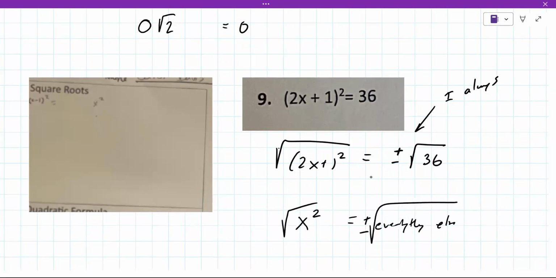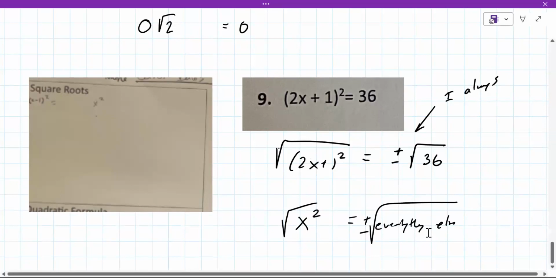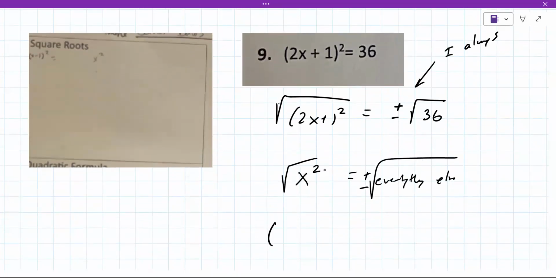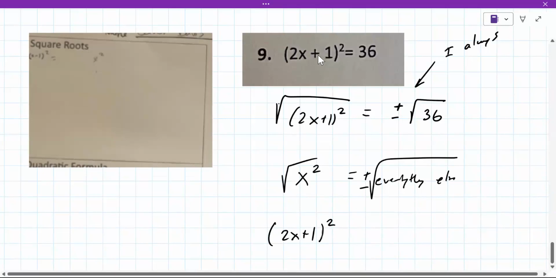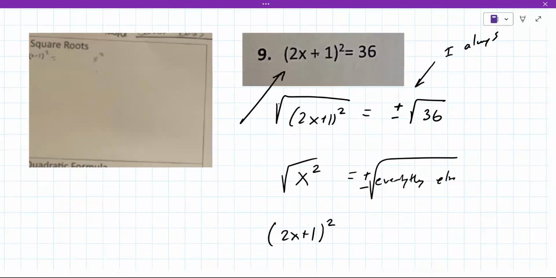Now, typically the everything else is a number. Typically the X really is an X. It's really 2x plus 1 or something else. So your goal here, maybe that's what you're asking, your goal is to isolate whatever that thing is that's being squared.